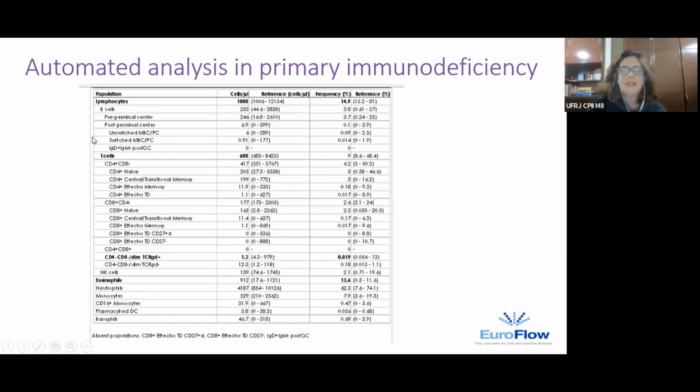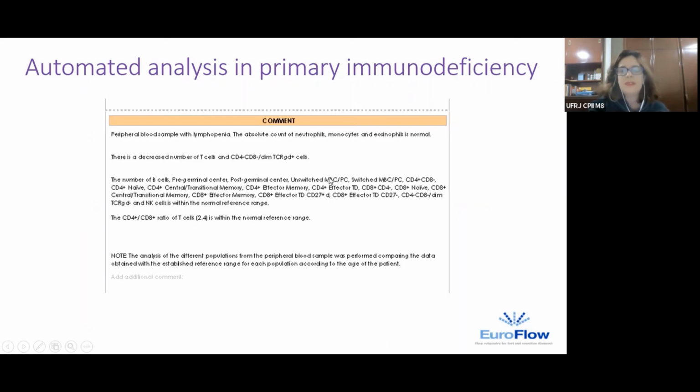With this range of reference, it shows which populations are in the normal reference range and which are not, what is decreased, what is increased, and so on. So its tools help us by including this in timing to write the reports.